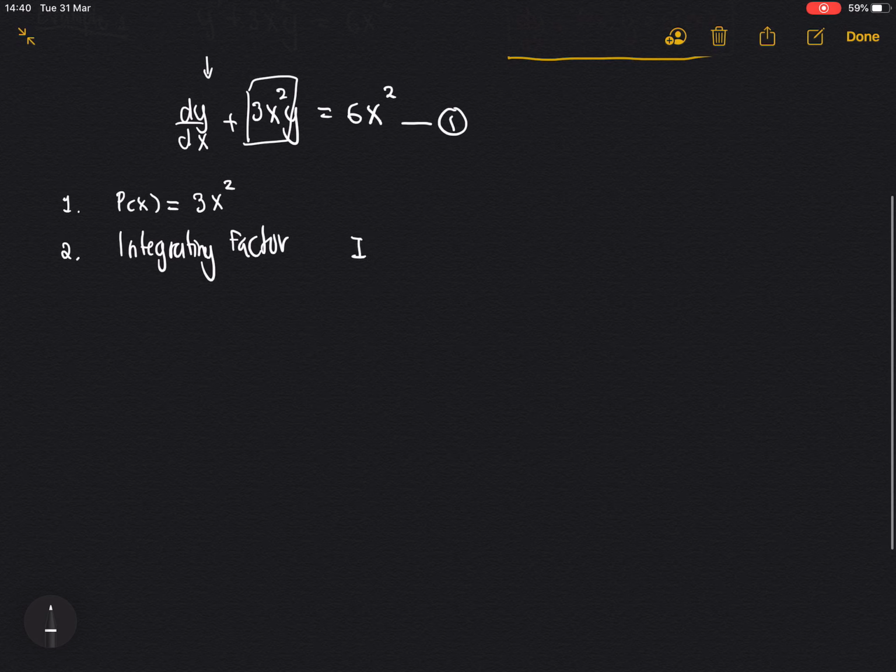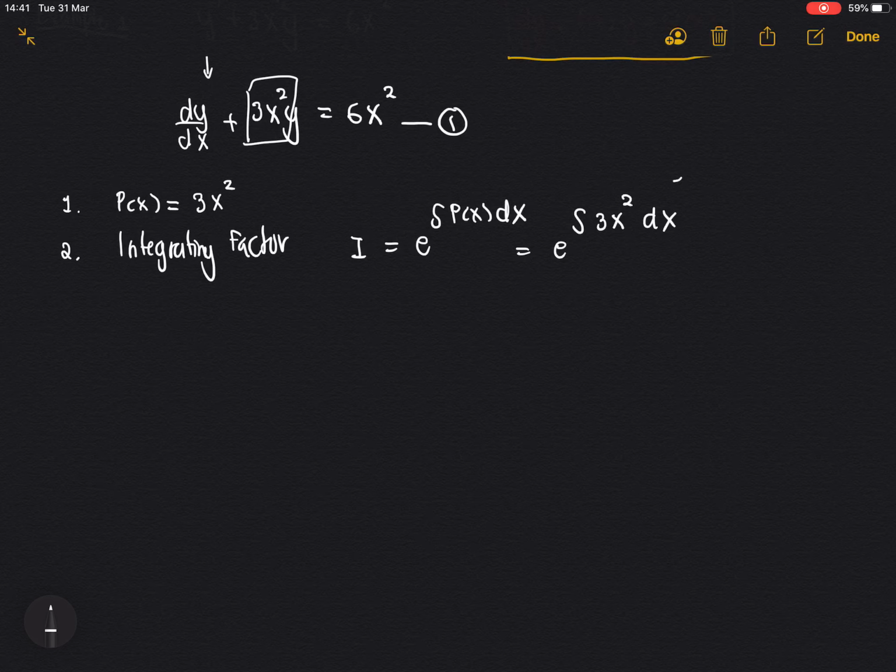Then the second step, you have to find an integrating factor. Remember that it is equivalent to the exponential of the integral of p(x) dx, and in this case our p(x) is 3x². So you have to find the integration of 3x² with respect to x. The integral of x² dx is x to the power of 3 divided by 3.